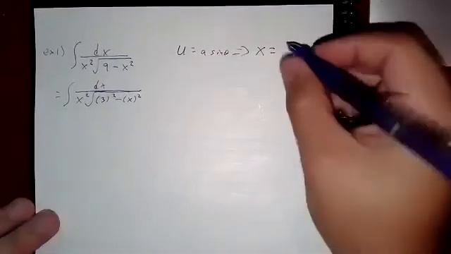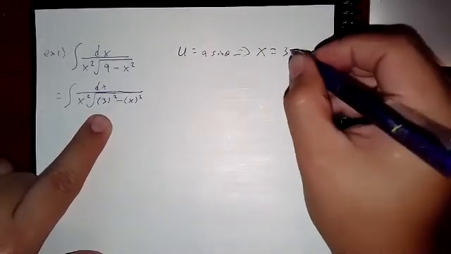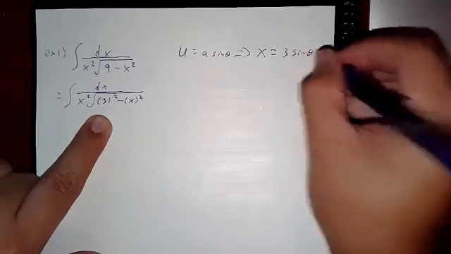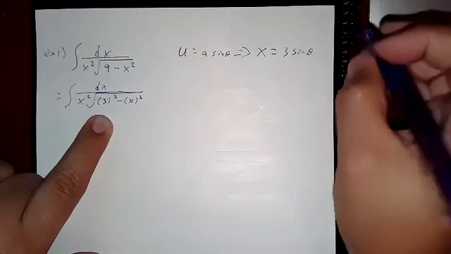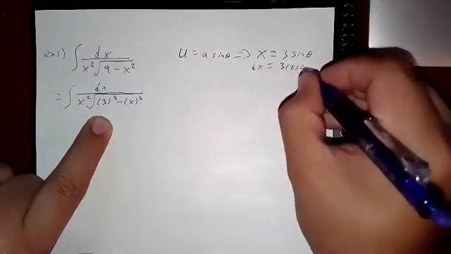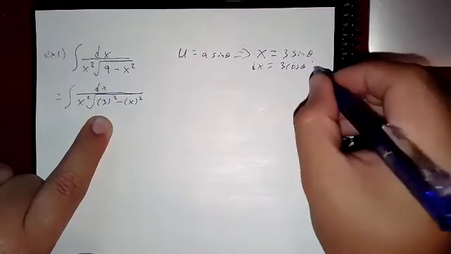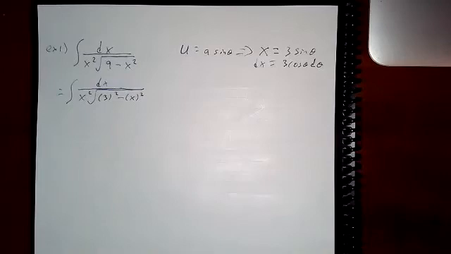So our x is equal to the a, 3 sine theta, right? dx would be 3 cosine theta d theta. Do you agree with that so far?